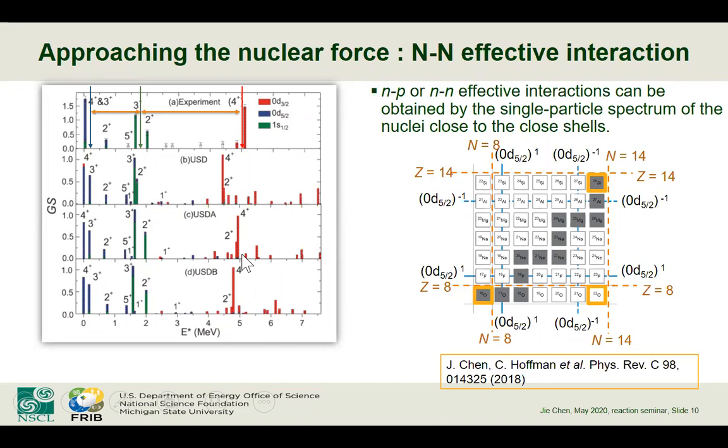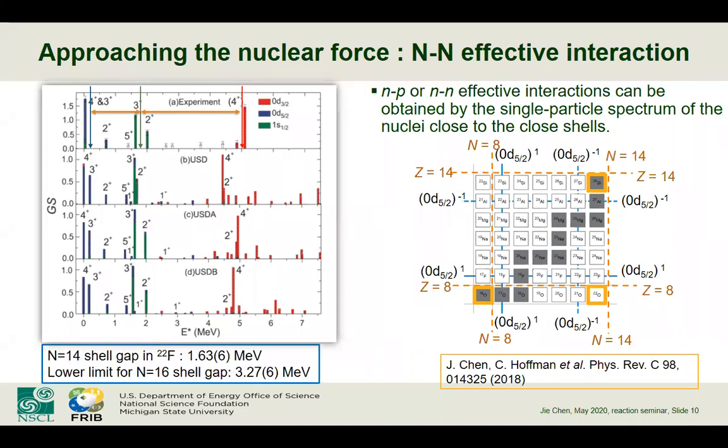So as I said before, using the weighted average of the spectroscopic factors, we can determine the single particle energies of the SD shell orbitals. And then we can determine the N=14 and N=16 shell gaps in fluorine-22.